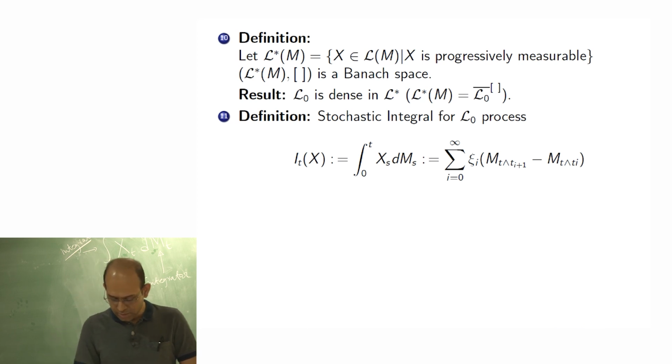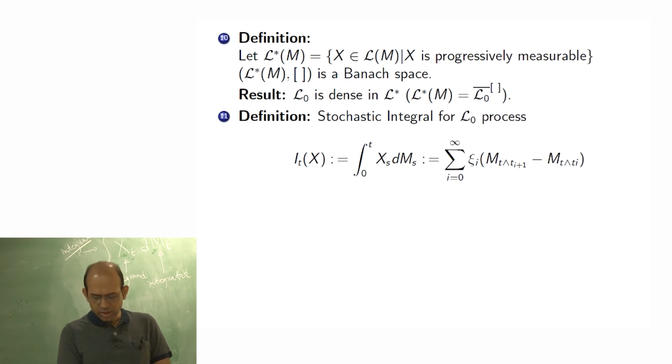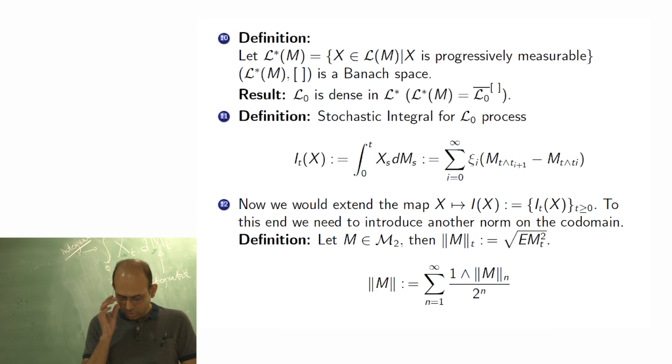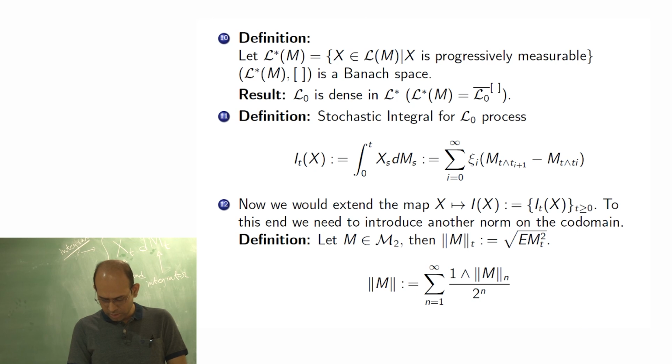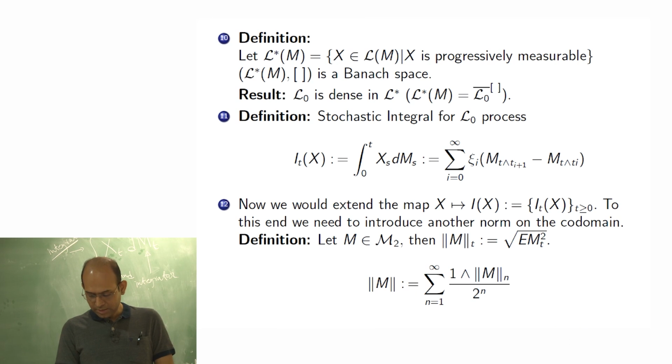So the integration of this is defined to be, this is not a result, we are not proving it, we are defining this to be the sum of xi times m t minimum ti plus 1 minus m t minimum ti. So where does it belong, what is it? Let us see, now we would extend this map. Here first we must understand that if we take such a kind of norm, the norm of m for a fixed t is the square root of expectation of mt square, this is nothing but the L2 norm, correct.